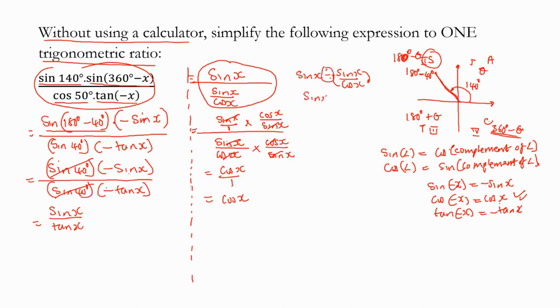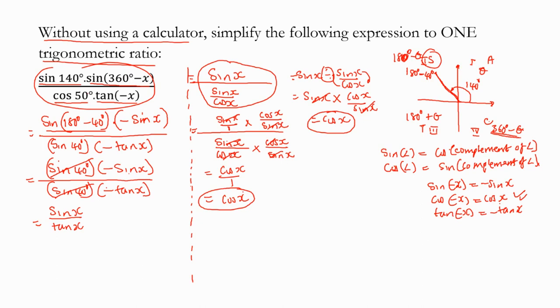So this is sine x times cos x over sine x. Then sine x divided by sine x is 1. We remain with cos x. Okay, you see that? So we have simplified the expression to one trigonometric ratio. Okay, that's what you're supposed to do there in question 5.1.